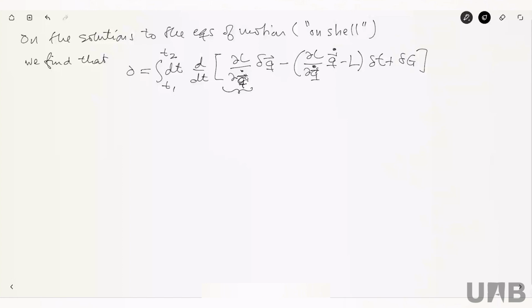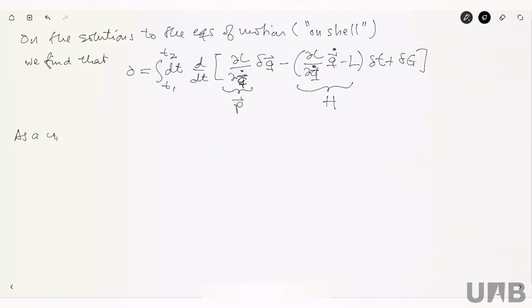Yeah, p, the canonical conjugate momentum, right? Who is this object here in parentheses? The Hamiltonian. The Hamiltonian.